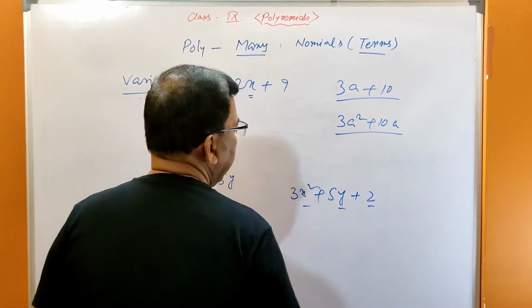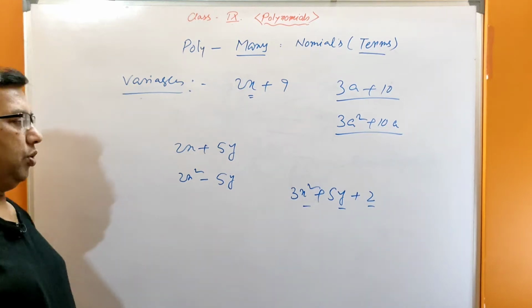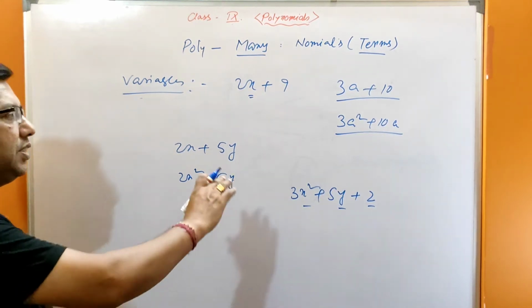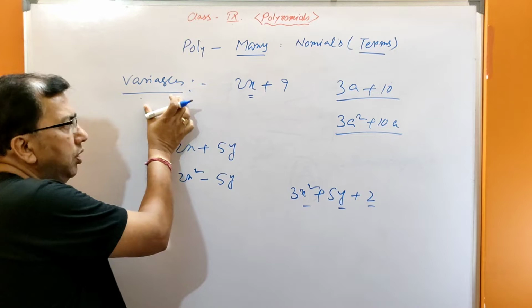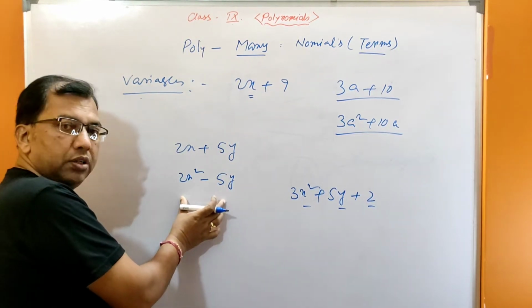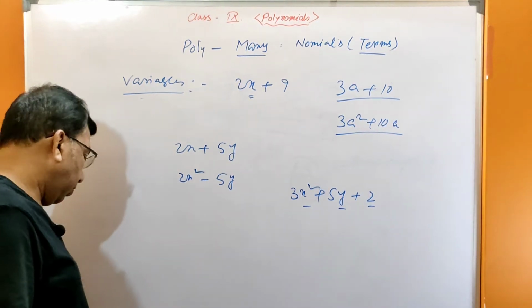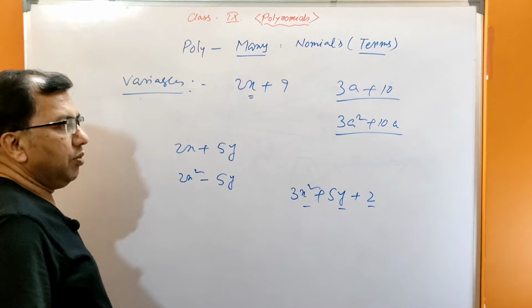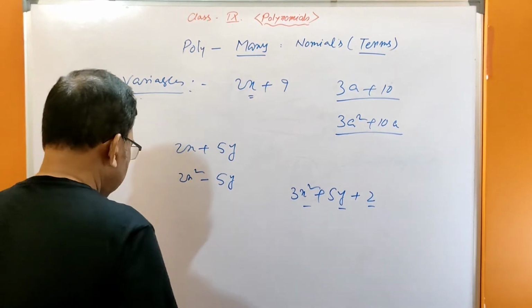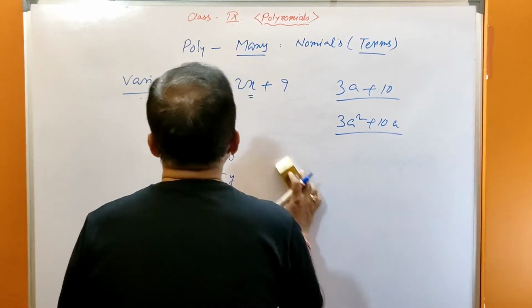These are three variables. Polynomials of four variables, so many variables can be present. According to the variables, one variable, example of two variables, example of three variables, and so on. x, y, z, whatever you can tell. And polynomials by degree, depending upon the degree of the polynomial.